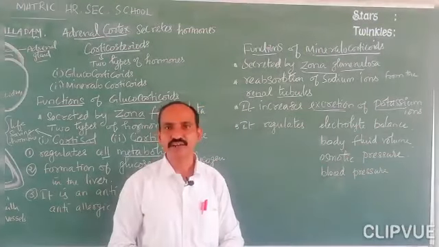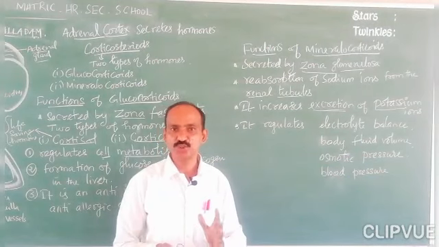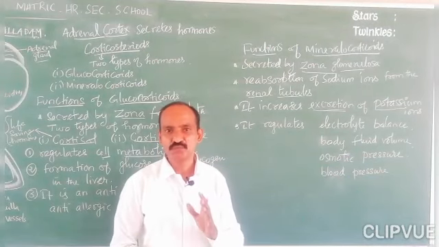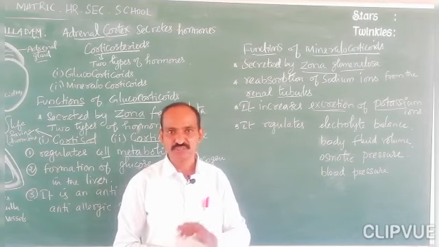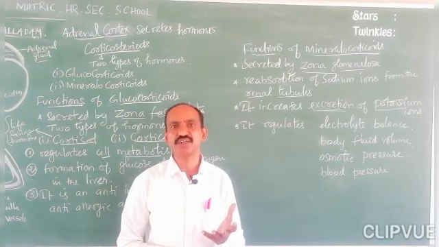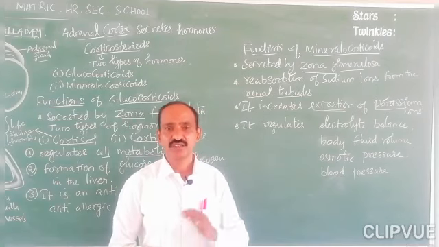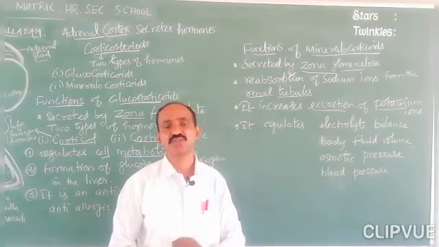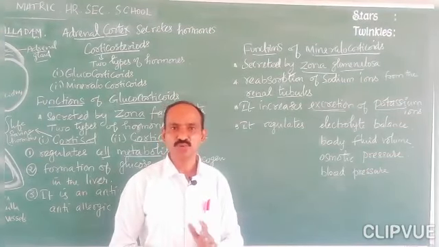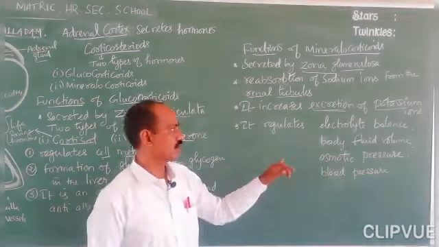Our body contains mainly blood and water. These two fluids are maintained by mineralocorticoids. When the water content is less in our body, it stimulates the thirsty feeling. And it maintains blood volume also.